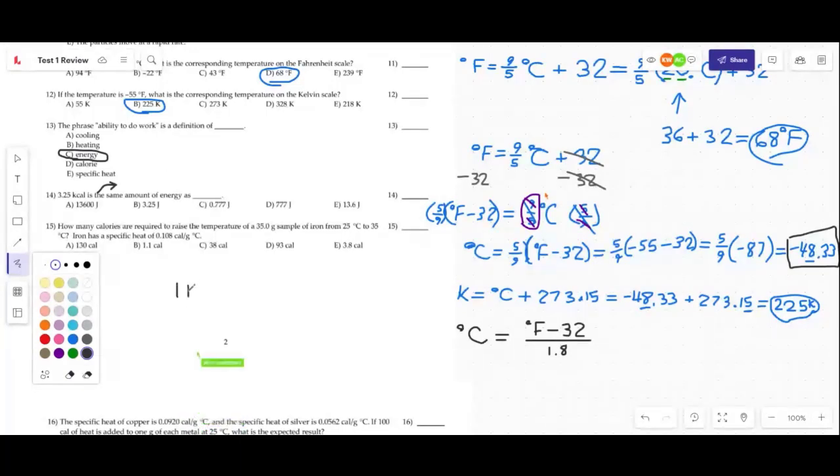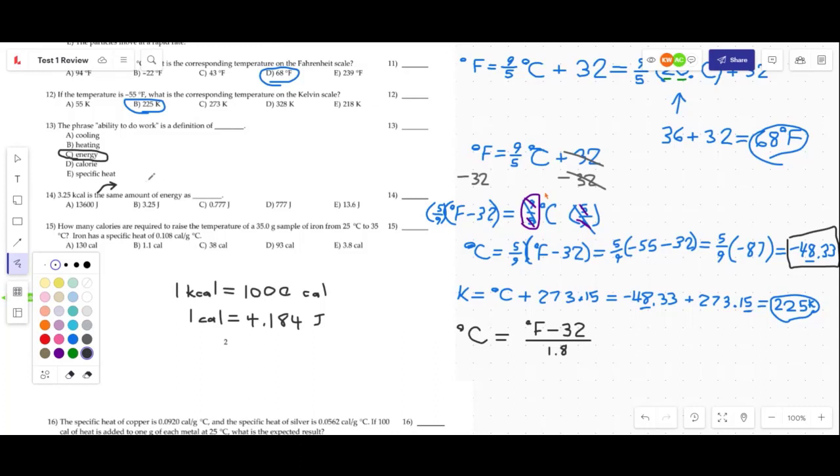Kilo, of course, kcal is going to be equal to 1,000 small c calories, and also 1 calorie, small c calorie, is equal to 4.184 joules.